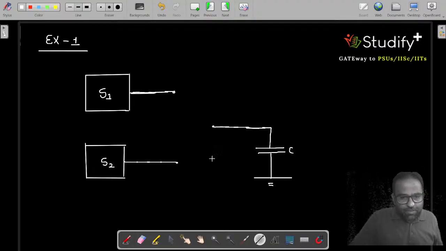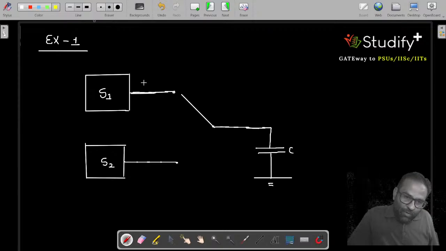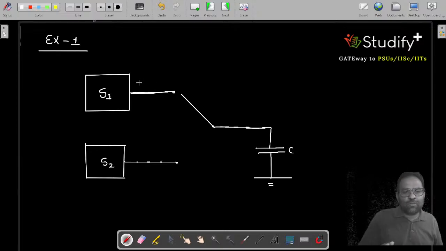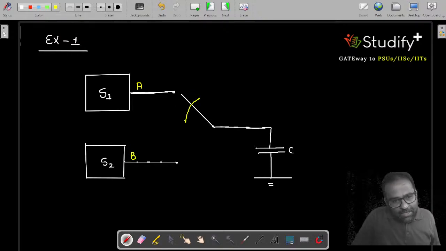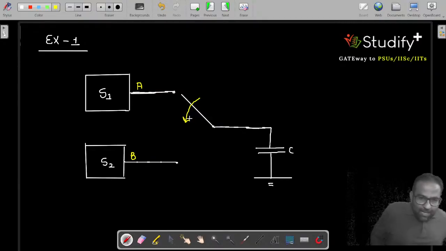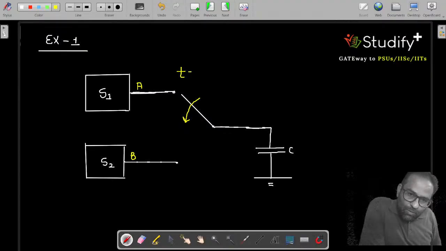Initial position of the switch is position A, and at t equal to 0 the switch goes from terminal A to terminal B, and both are sources. What is the switching time? The switching time is t equal to 0.